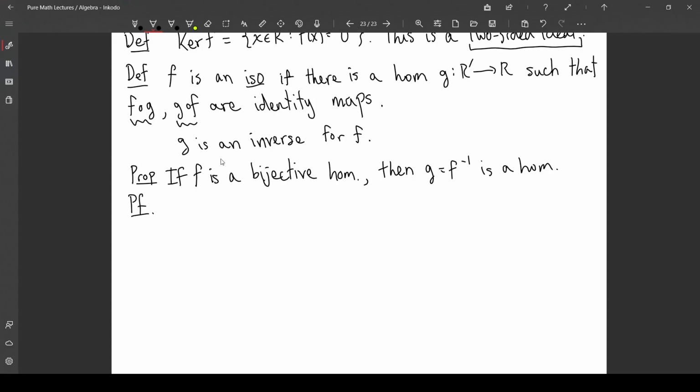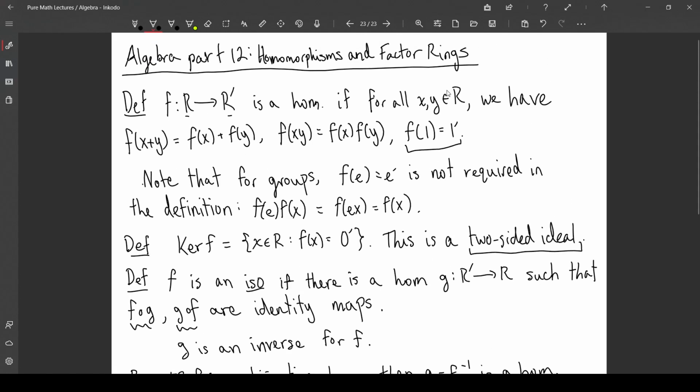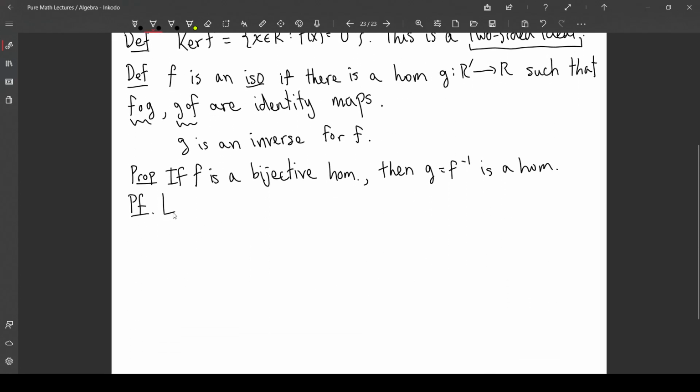So let's go through this. Essentially we just have to show that G satisfies these three conditions, but for elements of R prime. So let X prime and Y prime be elements of R prime.